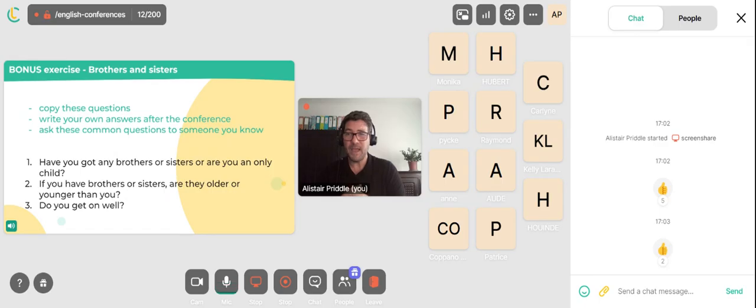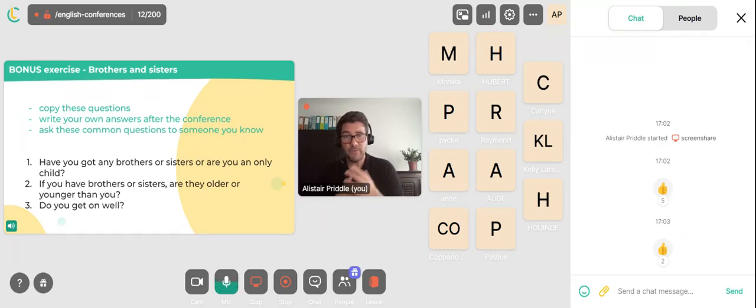Number 1, have you got any brothers or sisters, or are you an only child? If you have brothers or sisters, are they older or younger than you? Do you get on well? Okay, so these are 3 common questions we can ask other people.